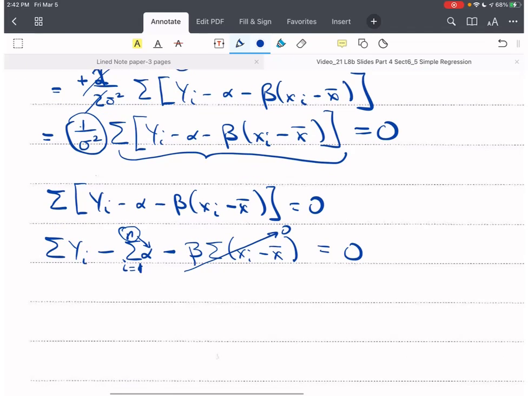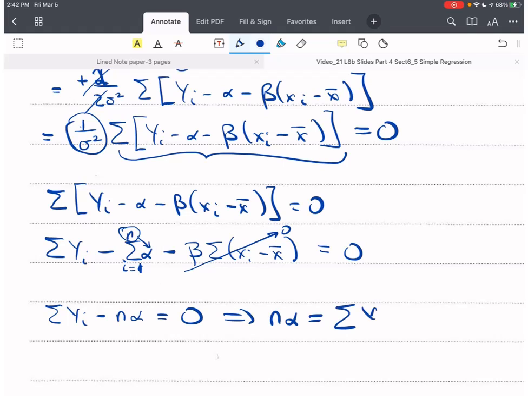So I end up with the sum of yi minus n alpha equals 0. So I can add n alpha to both sides, and I get n times alpha equals the sum of yi. Now I divide both sides by n, and I end up with alpha equals the sum of yi over n, which is y bar.